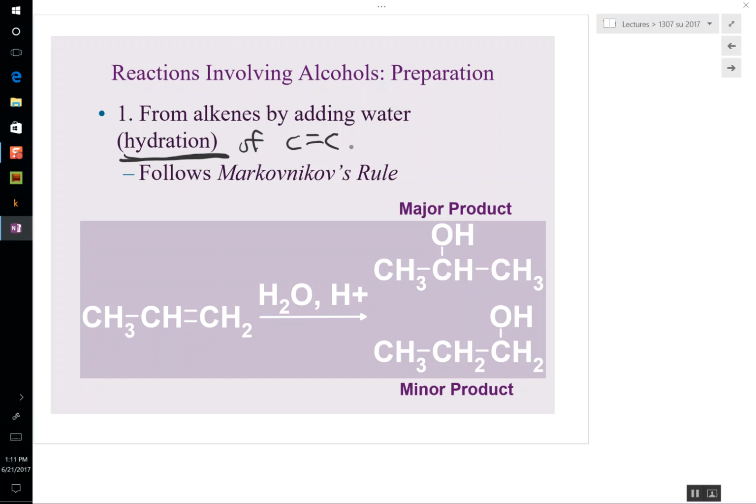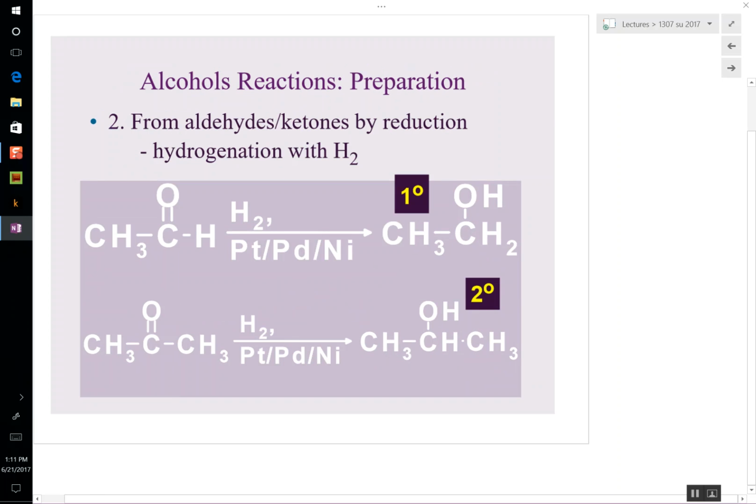So probably around 90% or so is this, and 10% is that, which is probably why rubbing alcohol is inexpensive. You know, that's the primary product of the hydration of propene. So that's your first reaction, and you're already familiar with it.